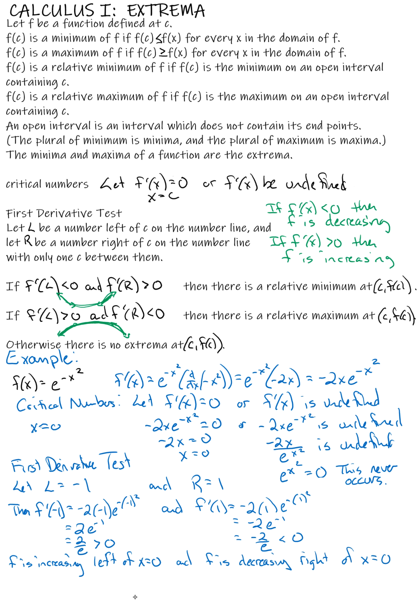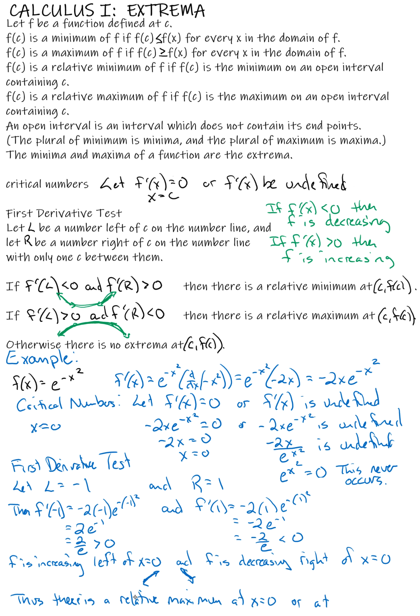All right, so what do we have here? Well, we have increasing to the left, decreasing to the right. Thus, it looks like there is a relative maximum at x equal to 0. Now, you could also say at the point.